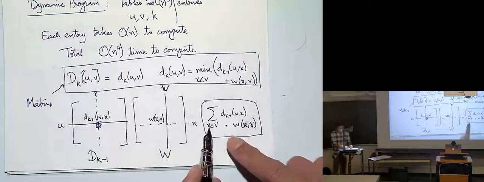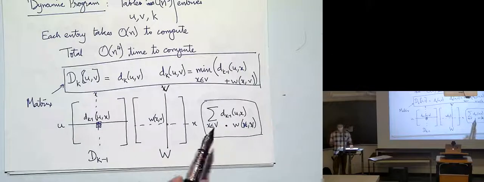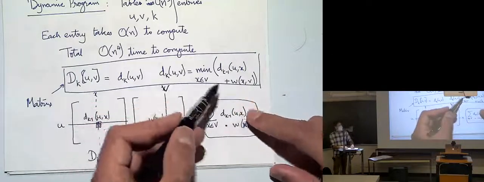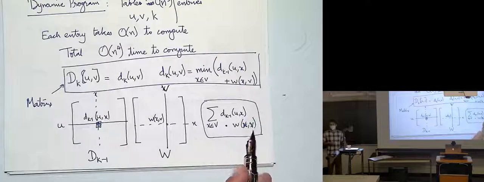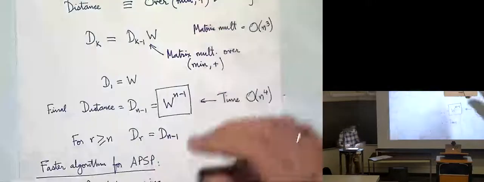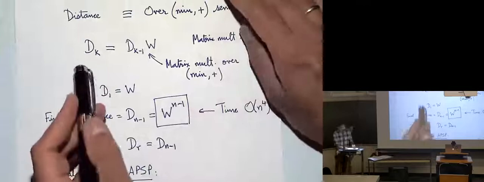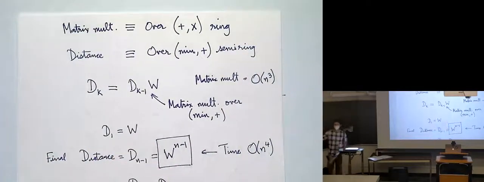Right? So you replace the summation and the multiplication in normal matrix multiplication by min and plus. You think of min as summation and you think of summation as multiplication. And what that does is give you a matrix perspective, where d_k is d_(k-1) times W, where W is the weight matrix.